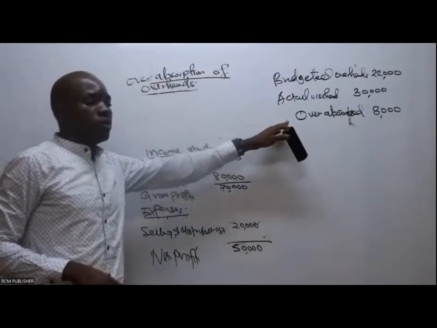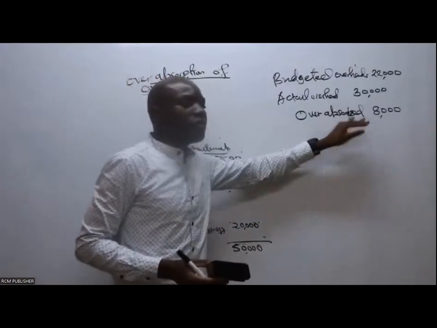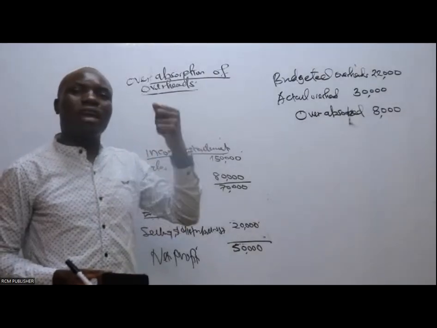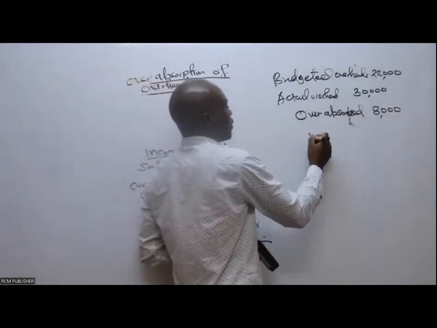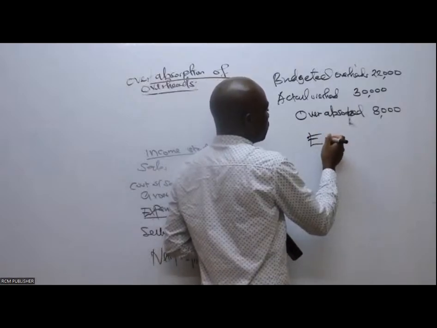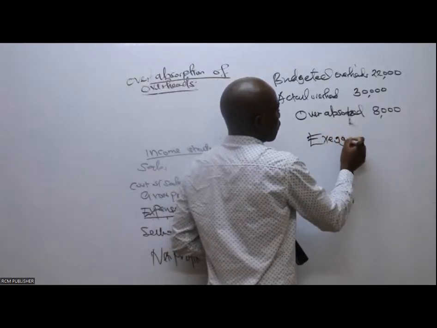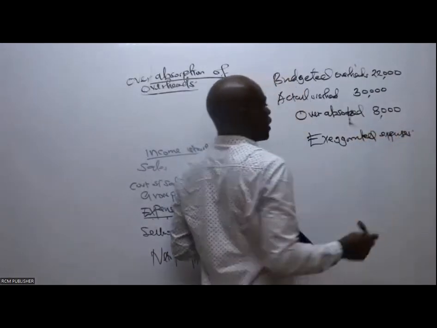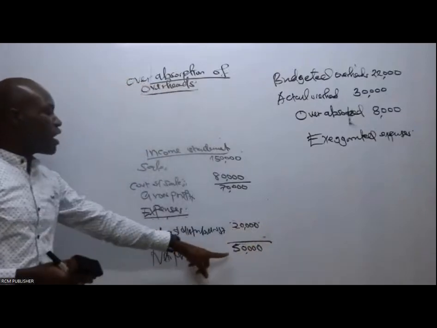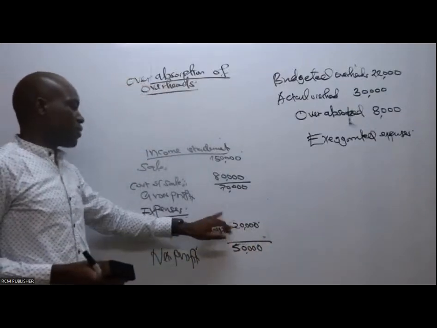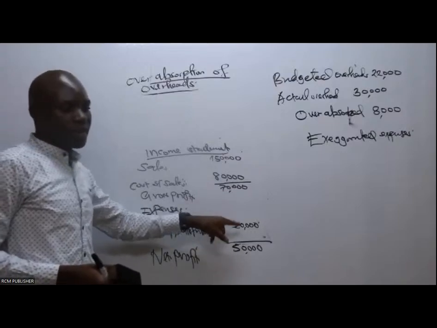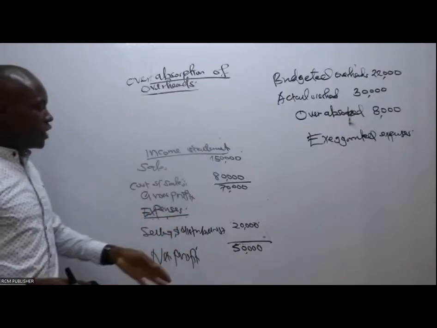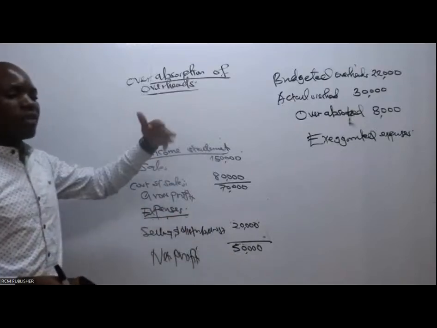How am I going to deal with this? Over absorption means I've exaggerated my expenses. Exaggerating expenses means I've reduced my profit by overstating the expenses. So how do I rectify this? This profit has been reduced by overstating my expenses.